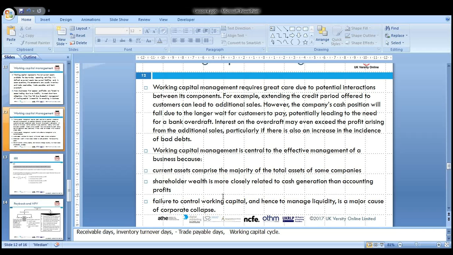A lot of organizations collapsed because they don't have the ability to meet their short-term obligations. Ultimately, when you don't meet short-term obligations, your company is at risk. So we need to look at this very closely when we make decisions about investing in the short run or the long run, and we need to monitor it.